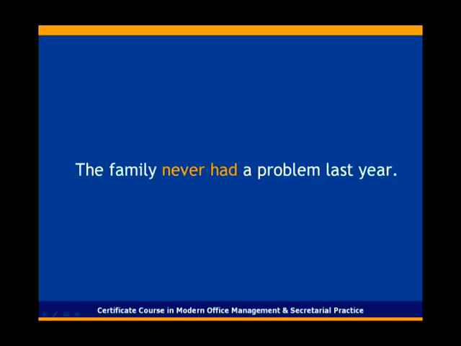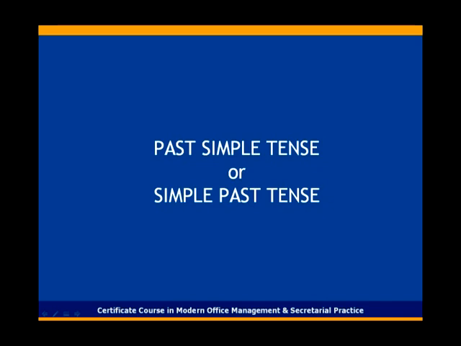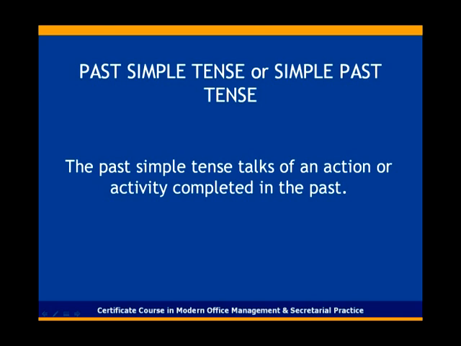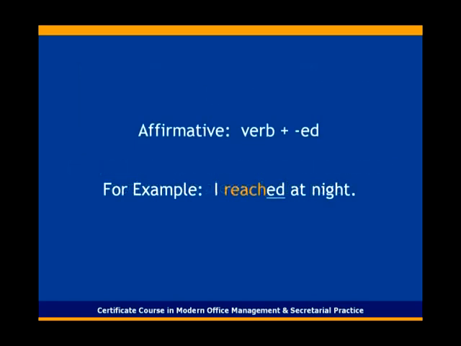We will now study the past simple tense or simple past tense. We use past simple tense when we talk of an action or an activity completed in the past. The rules for simple past tense are that when the statement is in the affirmative, we use the verb plus an ed. For example, I reached at night.